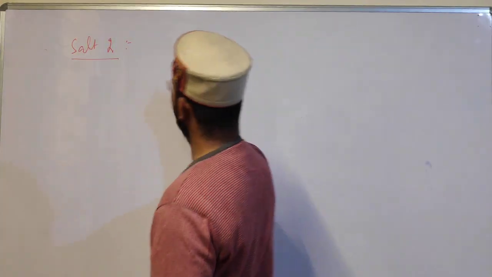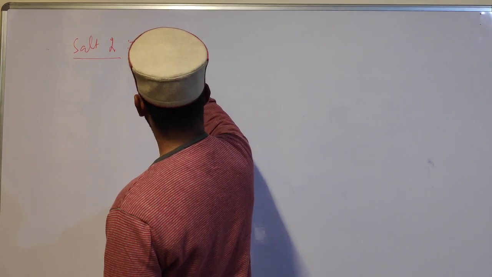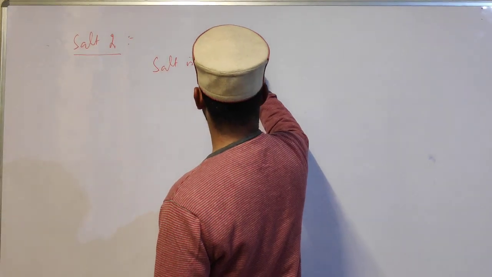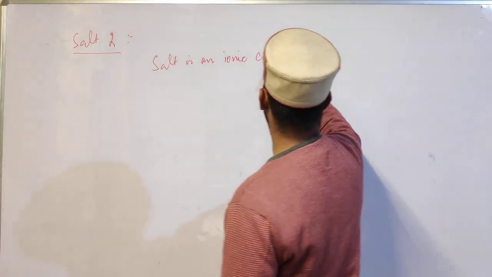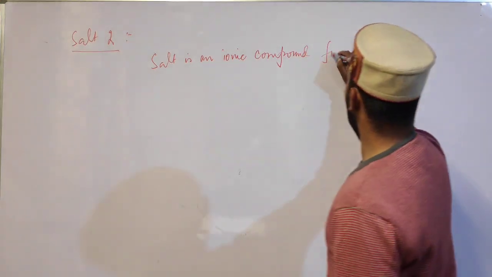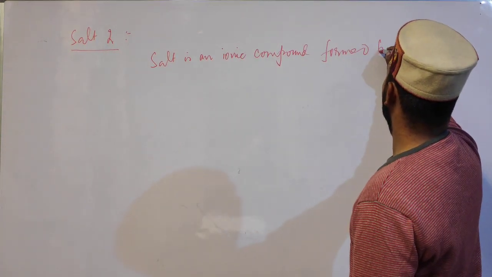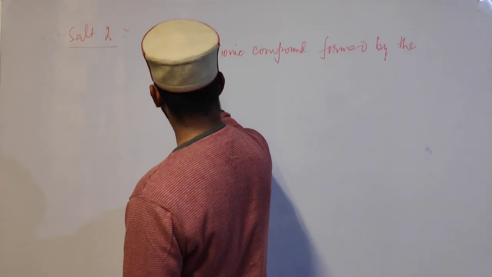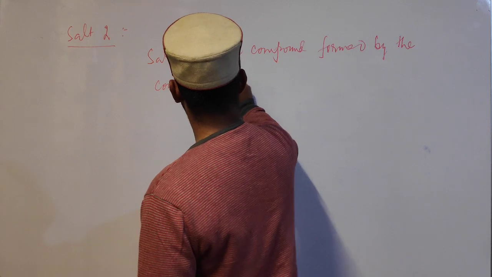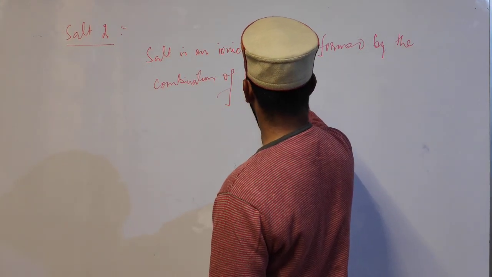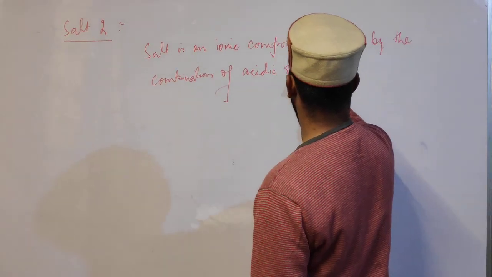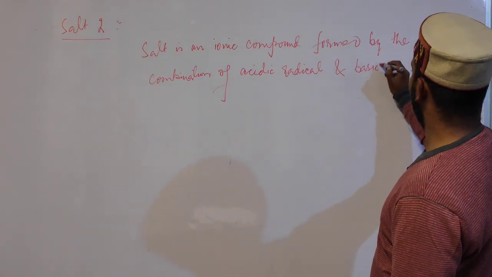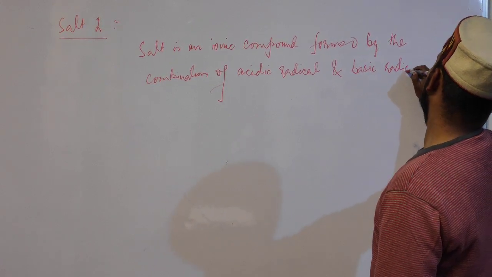Now in the second definition we say that salt is an ionic compound formed by the combination of acid radical, or we say acidic radical, and basic radical, because every salt is formed by neutralization.